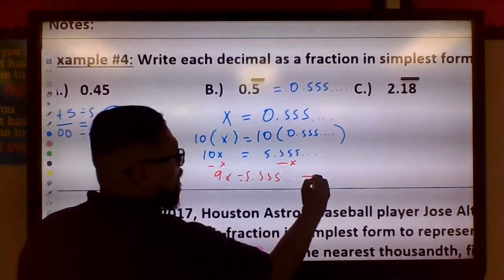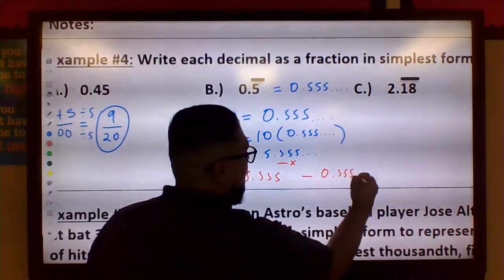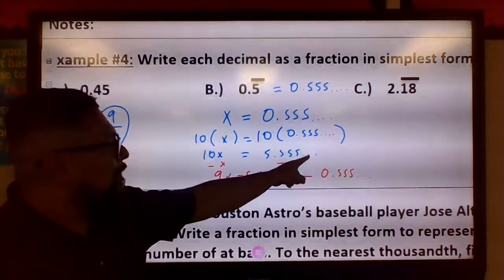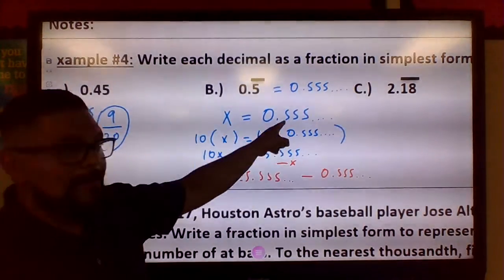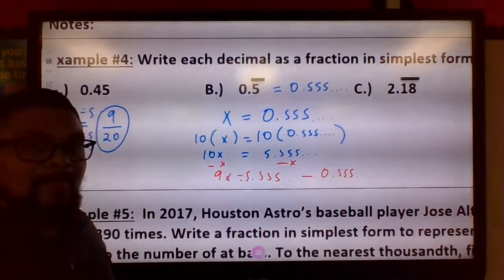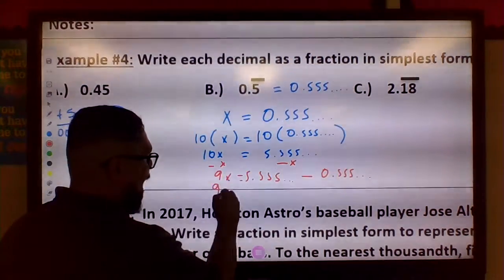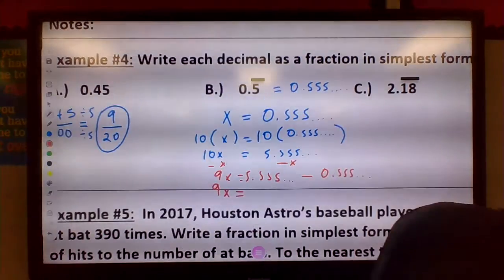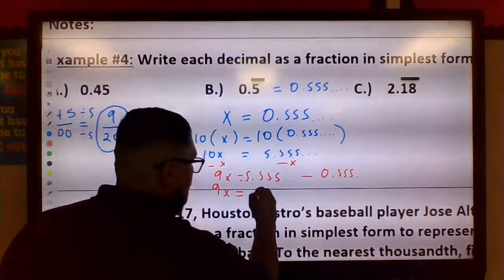And x is 0.555. Remember that? So it's 5.555 minus x, and x is this. Once we do that, this becomes 9x equals 5.